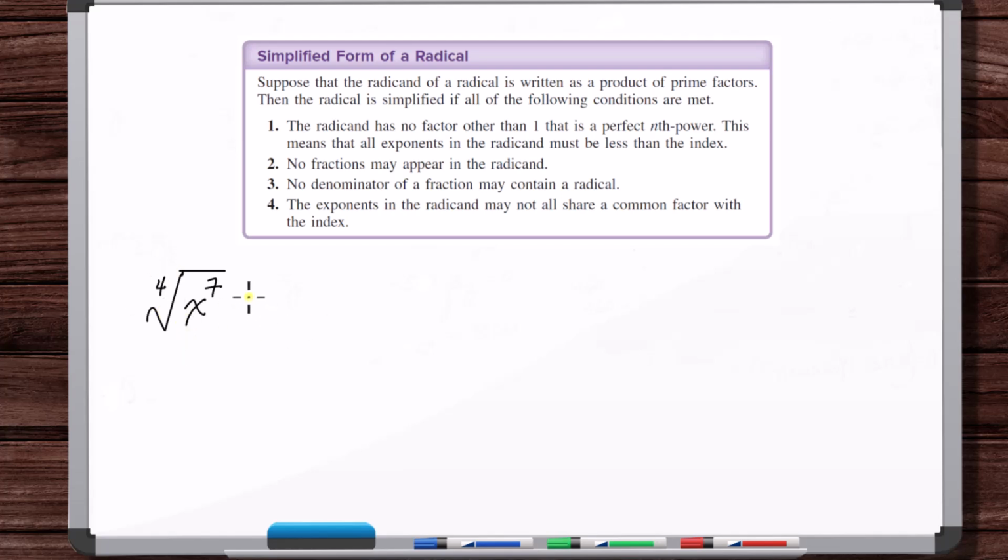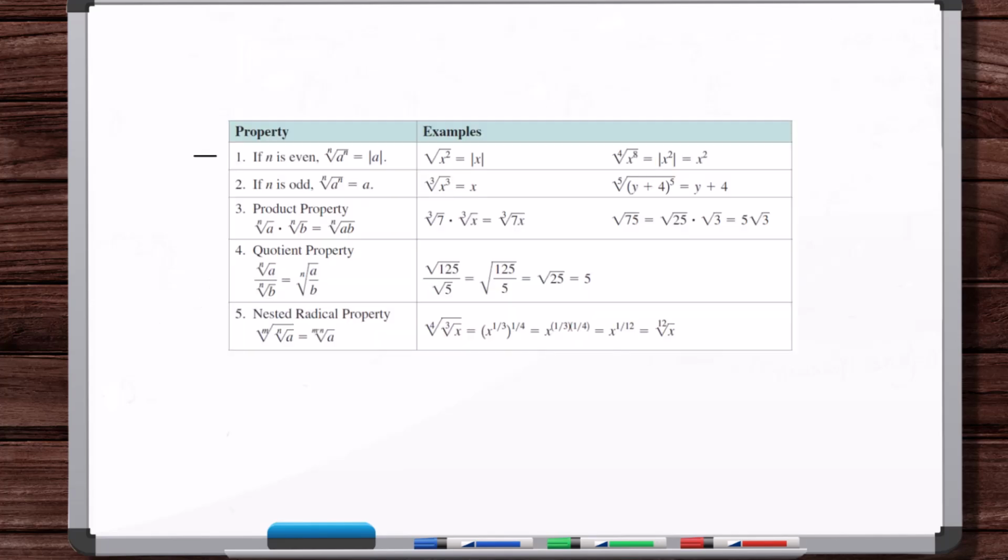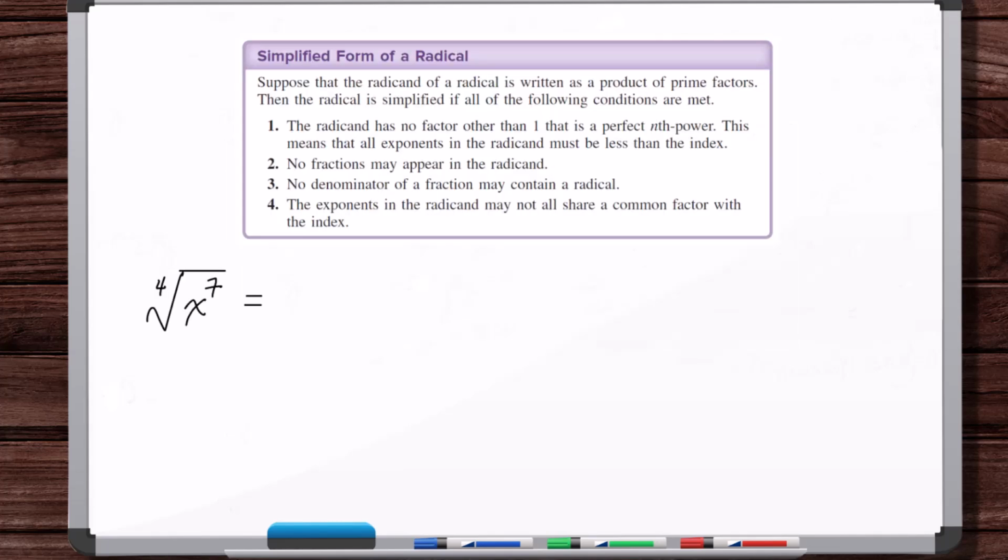Now, how are we able to do this? Well, this comes directly from the product property. The nth root of a times the nth root of b is equal to the nth root of a times b. We use that in reverse here. So we know that we can write this as x to the 4th times x cubed.